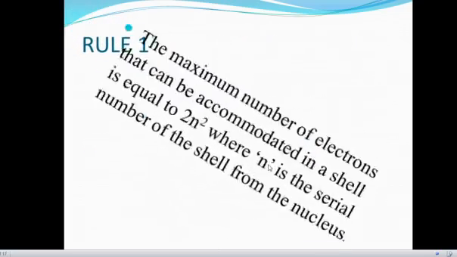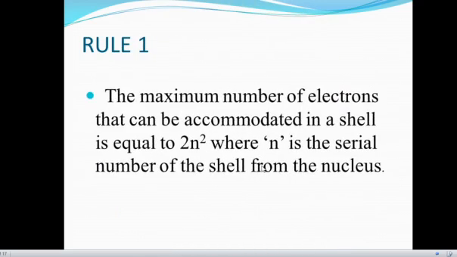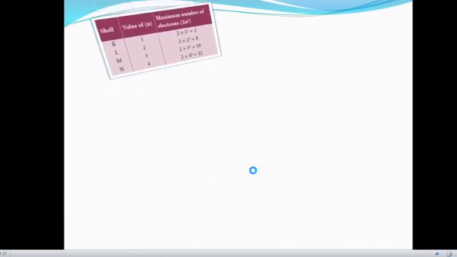The maximum number of electrons that can be accommodated in a shell is equal to 2n square. Just repeat with me: the maximum number of electrons that can be accommodated in a shell is equal to 2n square, where n is the serial number of the shell from the nucleus. Here I explain with the table.